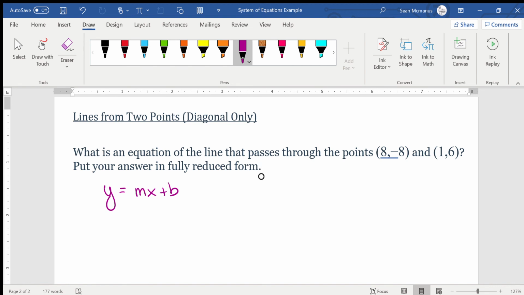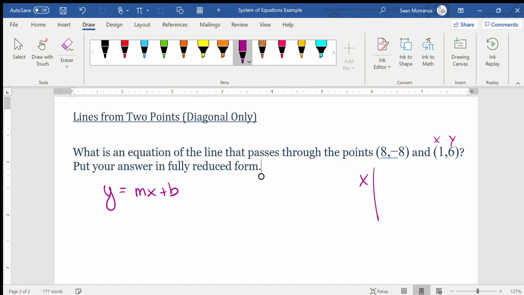And both of these points are on the line, so I can use either one of these points. I'll just pick this one because it doesn't have any negatives. I like that, as the x and the y. So I know what the x and the y are, but I don't know the m or the b, right? So I have to find it. I can't find the b super easy from these, but I can find the m pretty easily, right?